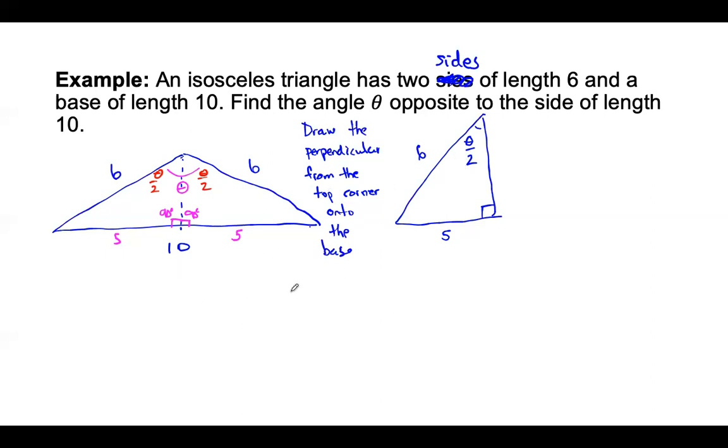So we can see, therefore, that, which trig are we going to use again? Sine again. So we can see that sine of theta divided by 2 is equal to 5 opposite divided by 6.